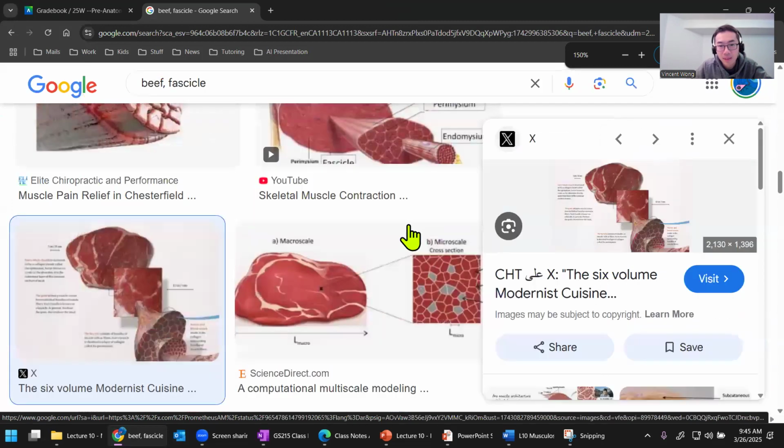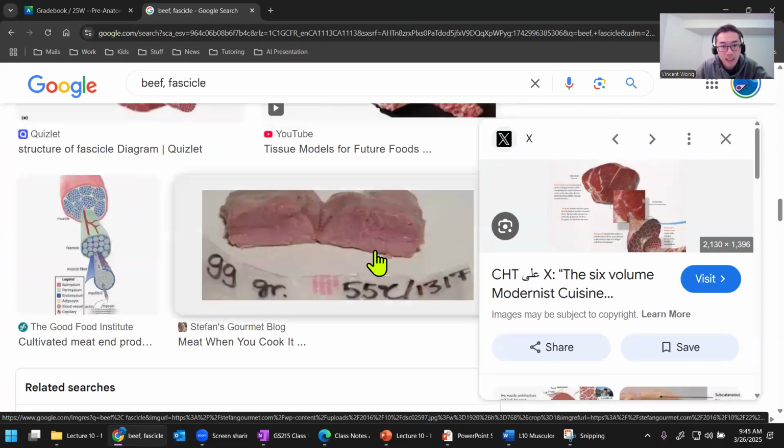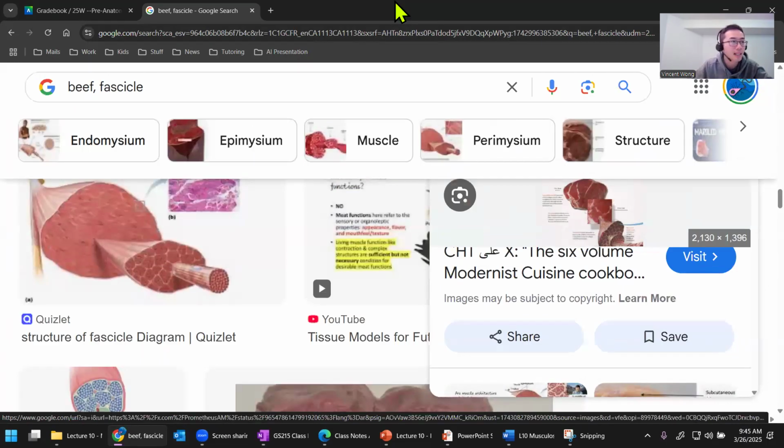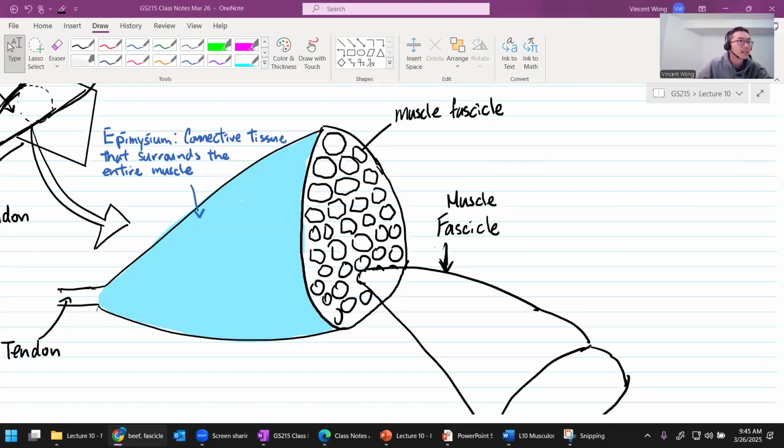Let me see if I can zoom in a little bit. No, never mind. Not good. Anyway, you keep drawing for now. Maybe I'll be able to find a nice picture. Maybe next time I will take a picture when I'm cutting them.